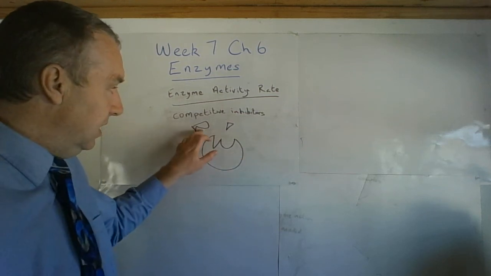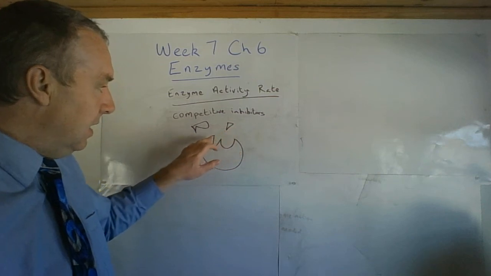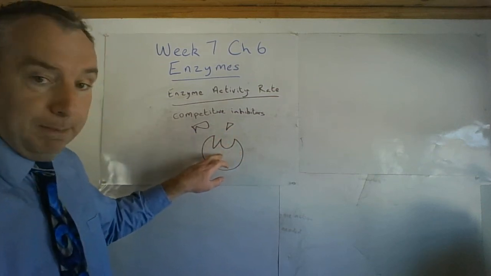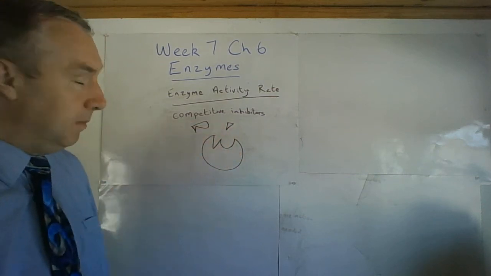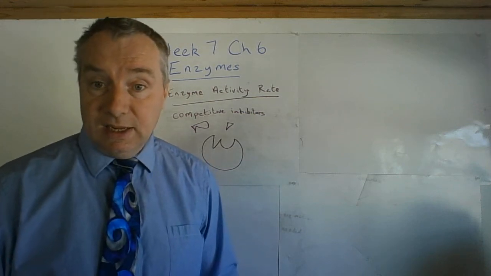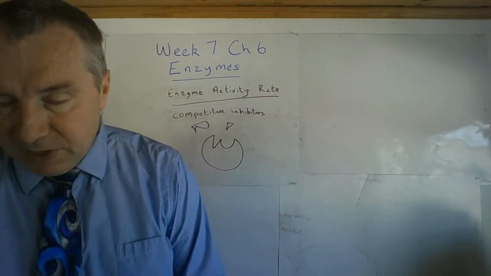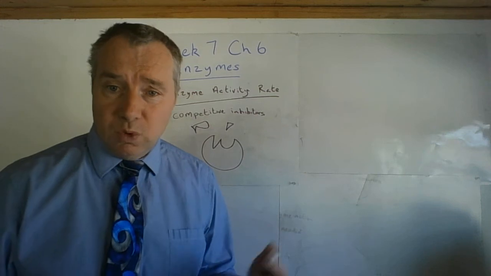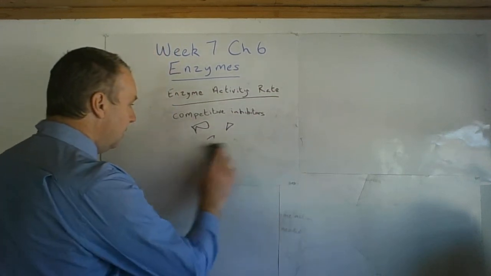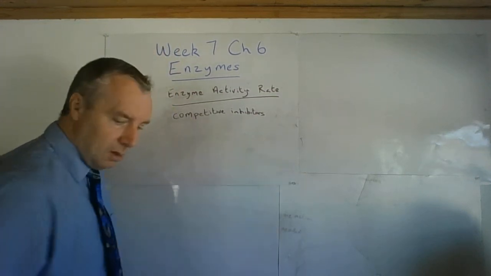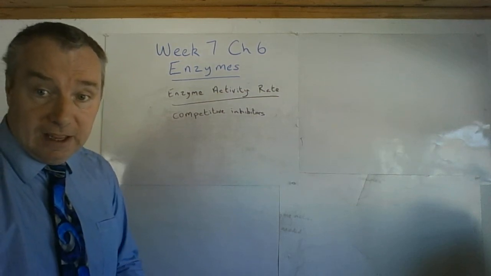So this is your substrate and this is your competitive inhibitor. This is the active site on the enzyme, and there's a competition between these two. And what it does is, initially, it slows the rate of enzyme activity.